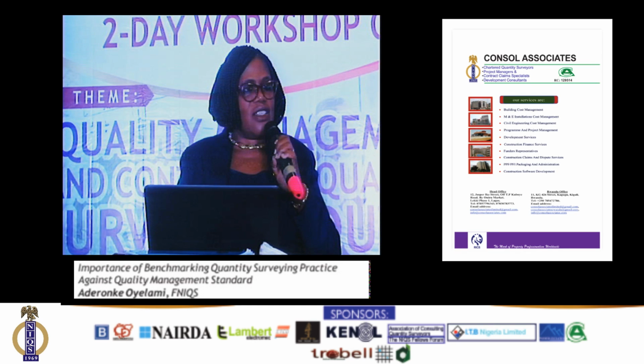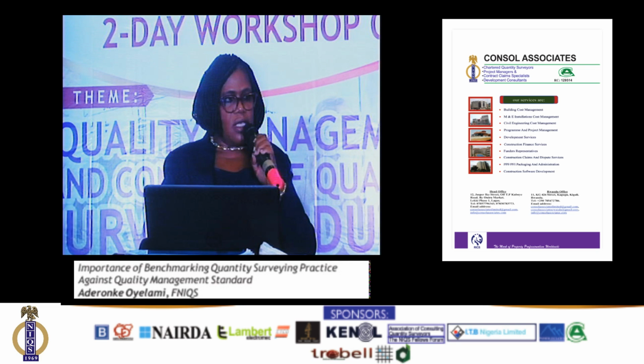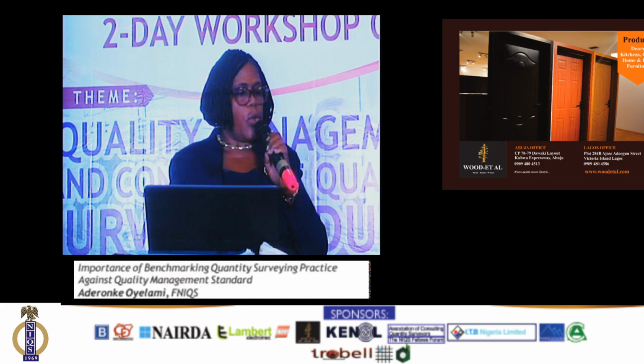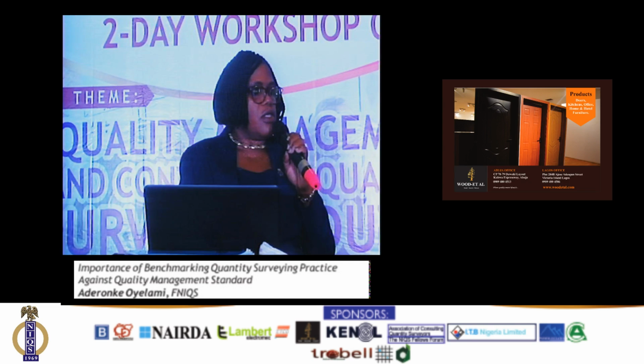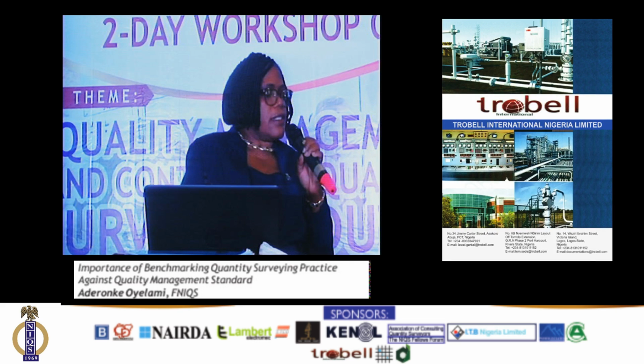Because at times, if that is not clearly specified, there's a tendency to misinterpret the client's requirements, and that would deeply affect the quality of product that we are producing.